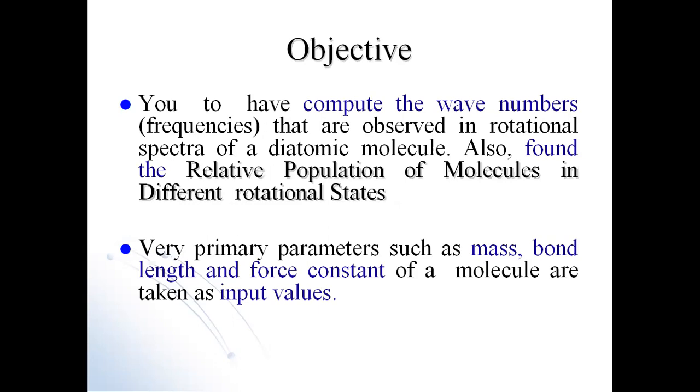When you compare, you will see that the result which you get using the Schrodinger equation and the rules of quantum mechanics is in good agreement with the experimental finding. So this will help you to understand the role of quantum mechanics in understanding molecular spectroscopy.